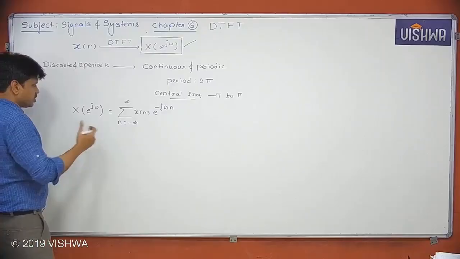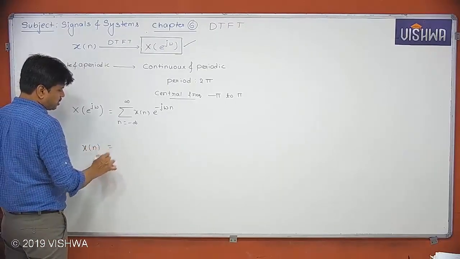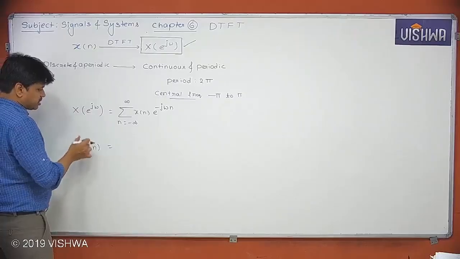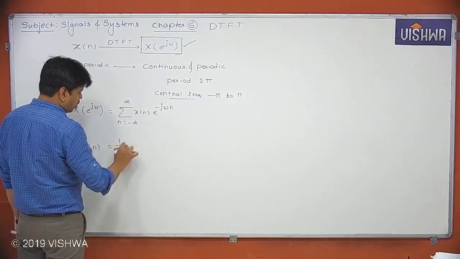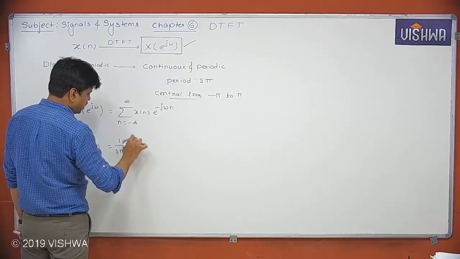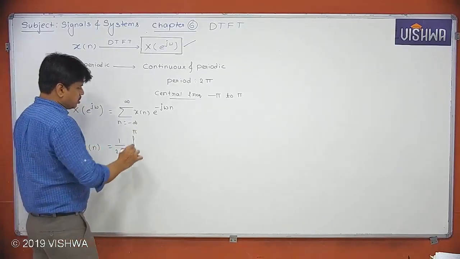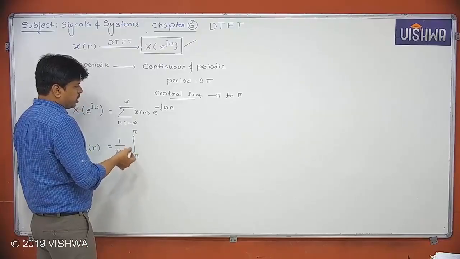Now there is a reverse formula also. If you know the DTFT, how can we calculate the inverse DTFT? That is nothing but x of n, equal to 1 by 2 pi integral from minus pi to pi. It is not minus infinity to infinity because it is a periodic signal. And we are using integration. Why are we not using summation?